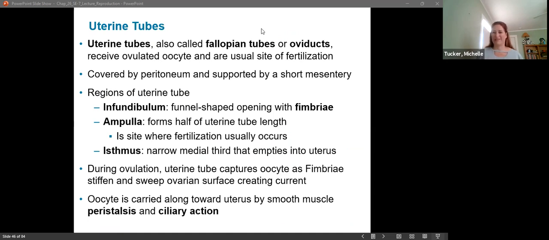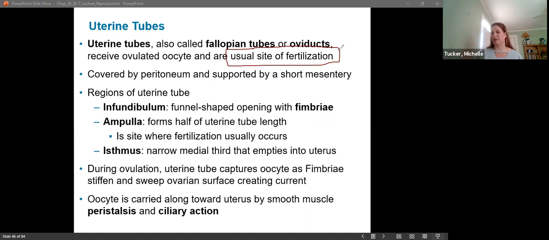So we're going to go back over these structures again. The uterine tubes are also called the fallopian tubes. They are going to receive the ovulated oocyte and are the usual site of fertilization. So fertilization, usually, especially for a successful pregnancy, will occur in the uterine or the fallopian tubes. If fertilization actually occurs in the uterus, it's unlikely that that zygote will implant.